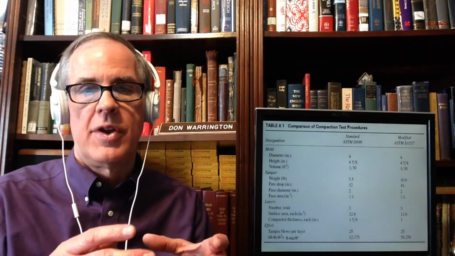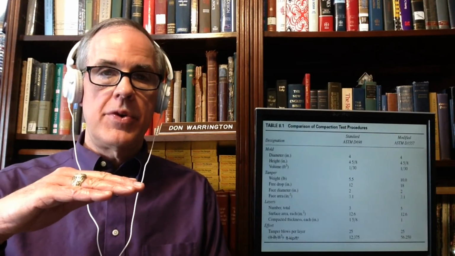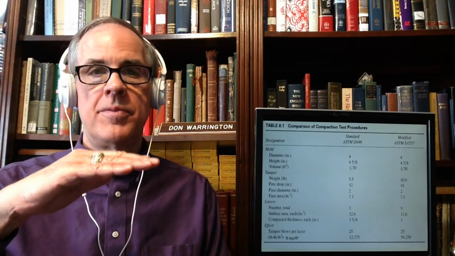The standard test has a mold with a diameter of 4 inches, and the soil height is 4 5/8 inches. That's 1/30 of a cubic foot, or I think it's 0.0009 cubic meters, which we talked about earlier. The tamper is a 5.5 pound weight, dropped from 12 inches, kind of like the SPT. And we do it in 3 lifts. Basically, when we do the compaction test, we put maybe a third of the soil in, something like that, depending, and there's a lot of experience involved in that.